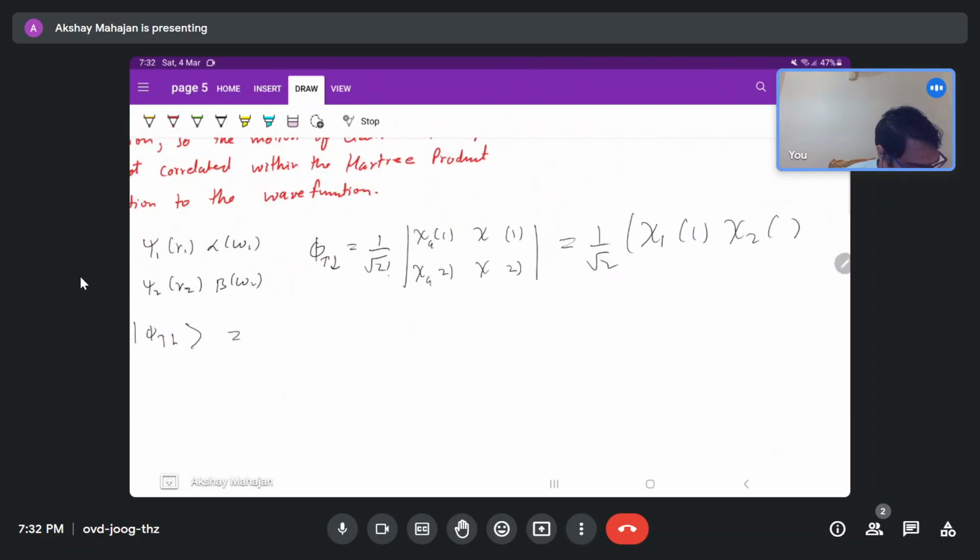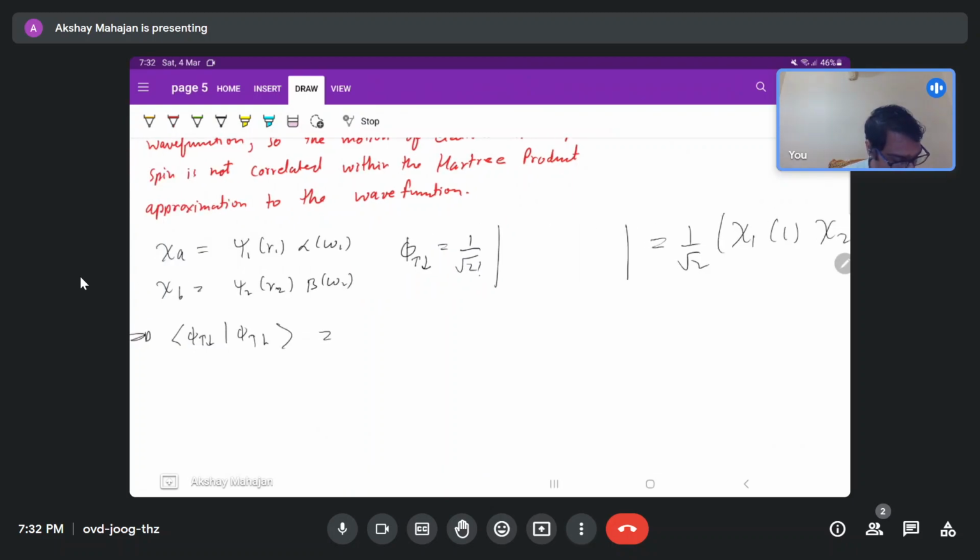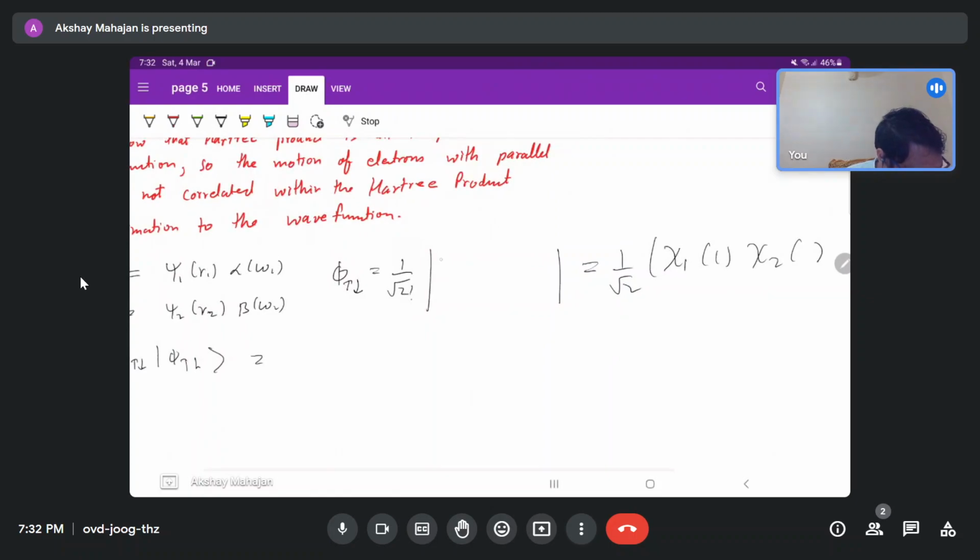Let me just write it again. Let us define chi A as psi 1 of r1 alpha of omega 1, and chi B equals psi 2 of r2 beta of omega 2. We have chi A, chi B, 1, 1 and 2, 2.